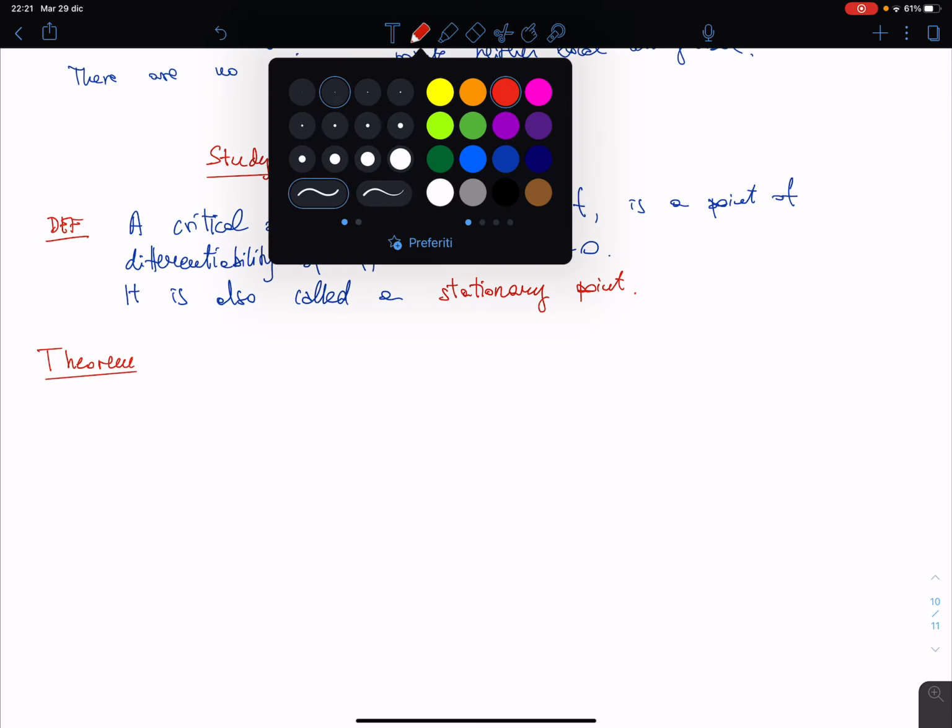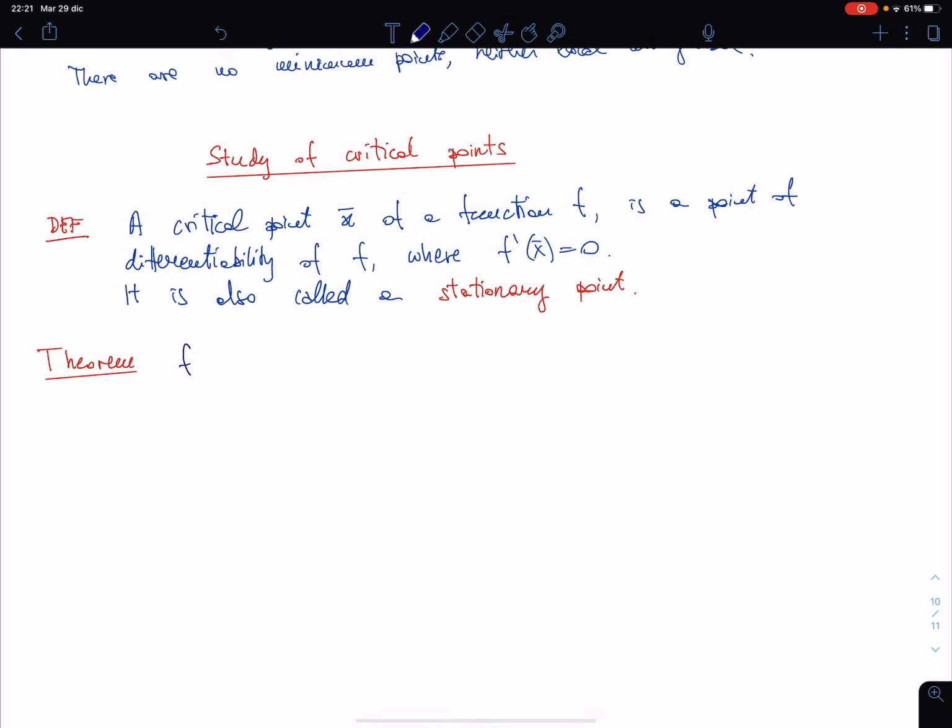You consider a function f of class C^m in (a, b), an interval. x bar is a point in (a, b), and f prime of x bar is equal to 0.